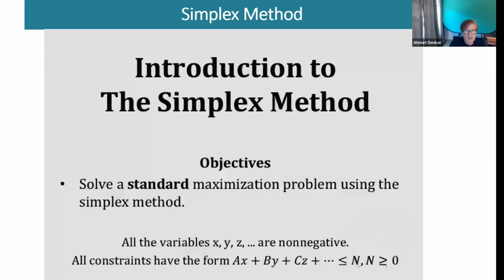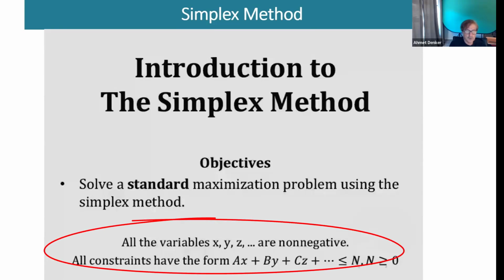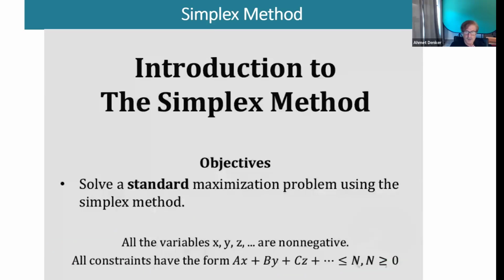And again, I hope you already understood why we are putting this rule that all the variables are going to be non-negative, to confine it to only one quadrant of the Cartesian plane. And all constraints have the form of inequalities that are less than or equal to.